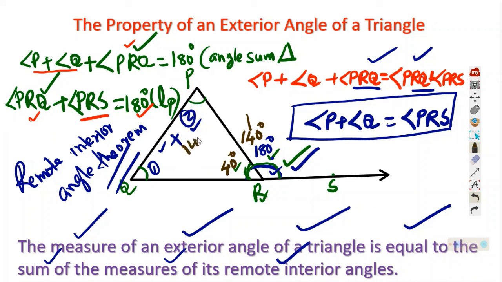These together will make 140. These two. And this is equal to this. That way we will write and prove with the help of the remote interior angle theorem.